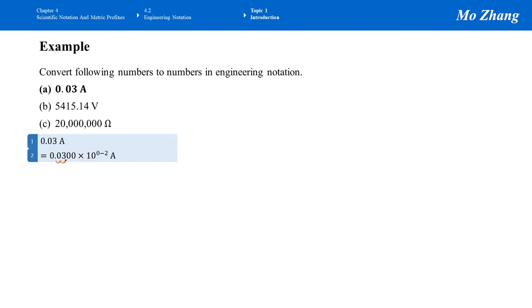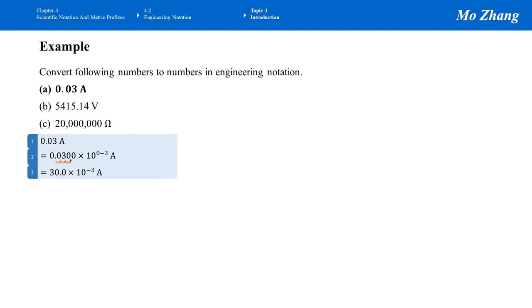So that implies we shouldn't move the decimal point to the right twice. How about we move it 3 times. If we move the decimal point to the right 3 times, the exponent needs to subtract 3. That becomes negative 3, and negative 3 is a multiple of 3. Therefore, we should move the decimal point to the right 3 times.